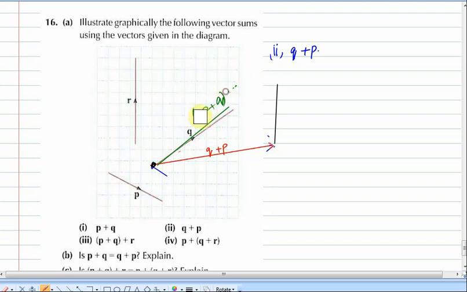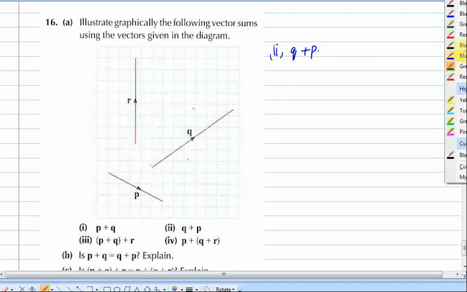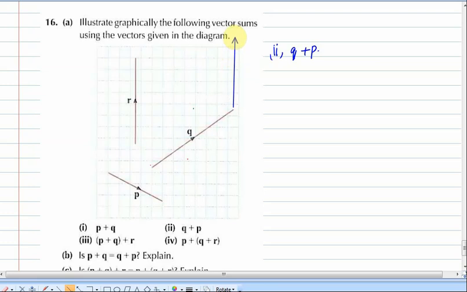In the next part, it says P plus Q plus R. So first I will find Q plus R. For that purpose, I will draw the vector R at the head of vector Q. So R is vertically above, so that is R, right? And the resultant of Q and R, I'm going to draw with the green pen.